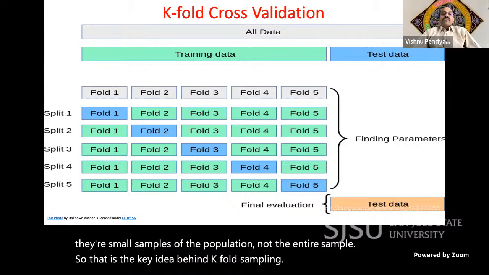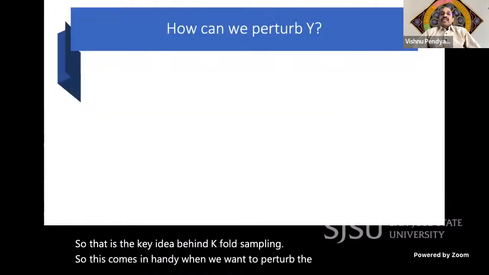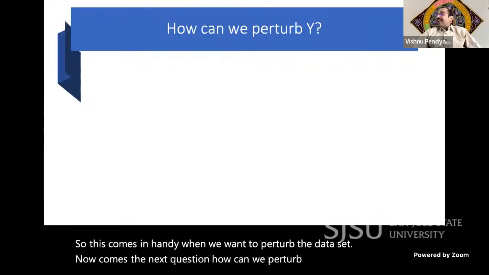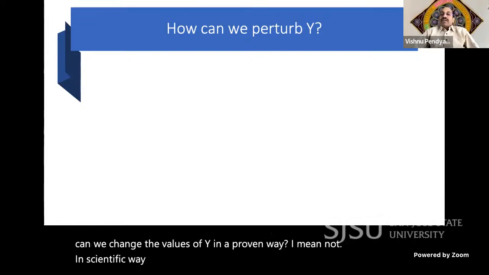So this comes in handy when we want to perturb the data set. Now comes the next question: how can we perturb y? Any ideas? How can we change the values of y in a proven way? I mean, not in an unscientific way, but in a proven scientific way. Any ideas?